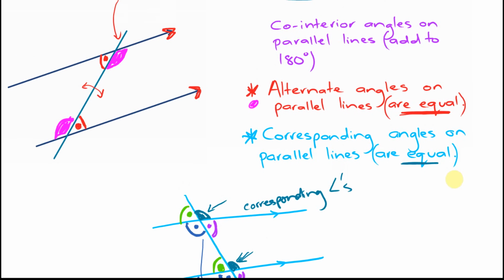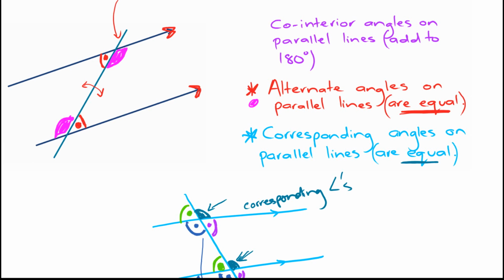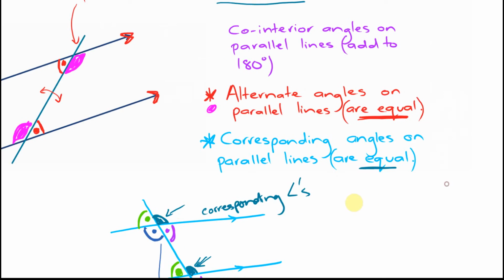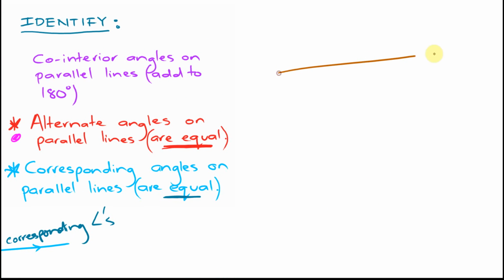And the last set of angles are what is called co-interior angles. So co-interior angles are inside the two parallel lines and on the same side of the transversal. So let's draw another couple of parallel lines and our transversal. So co-interior would be these two angles here. That angle there and that angle there.